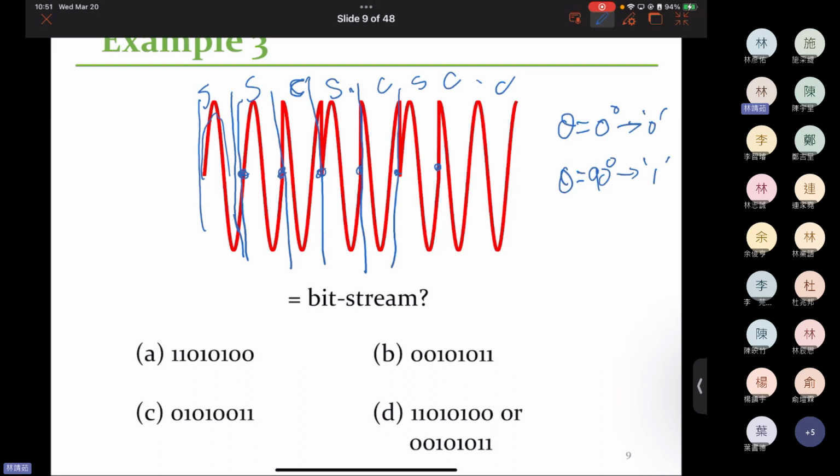So here is the example. We can also use phase rotation or phase delay to represent bit 0 or bit 1. Given that, by detecting the phase delay, we know whether you are sending 0 or sending 1.